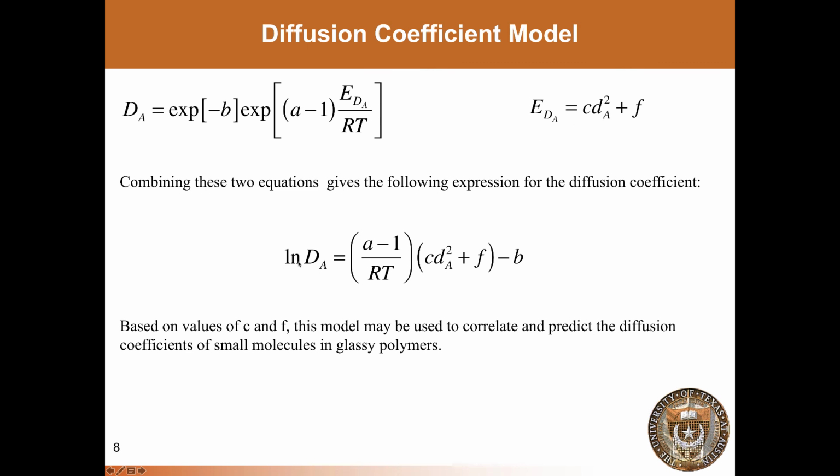And one can derive a model, shown here in the middle of slide 8, for the dependence of the diffusion coefficient on the square of the penetrant size. A and B, remember, are essentially universal correlations, and C and F are polymer-dependent parameters. But if you have C and F based upon diffusion coefficients determined for a couple of penetrants, then this gives you a mechanism to predict, at least over a limited range of penetrant size, diffusion coefficients of penetrants that haven't been measured.